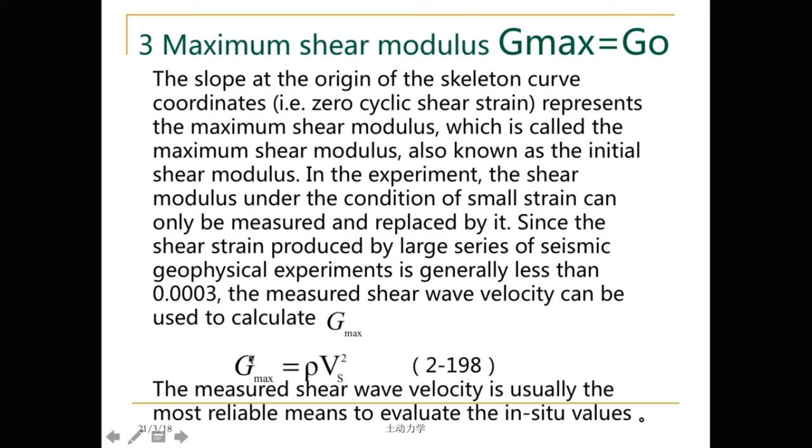The equation is given here. Gmax equals rho times Vs squared. Rho is the density of the soil, and Vs is the velocity of S waves. The measured shear wave velocity is usually the most reliable means to evaluate the in situ values. We usually use this method to get the maximum shear modulus in situ.